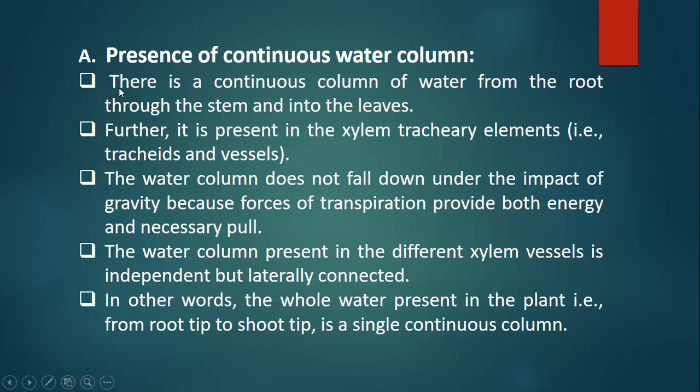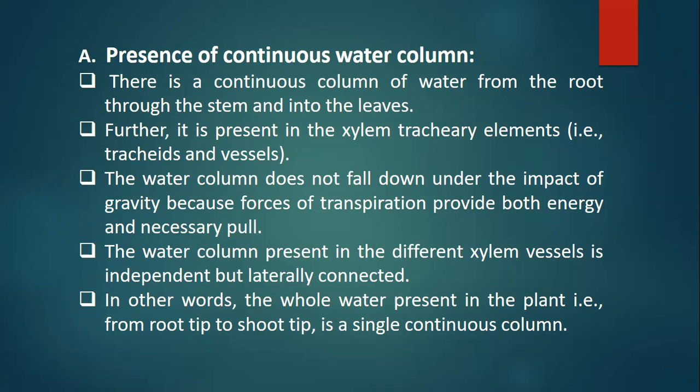Well, coming to the presence of a continuous water column, the characters of the ascent of sap: there is a continuous column of water from the root through the stem into the leaves. It is present in the xylem trachea elements, especially in the tracheids and vessels. The water column does not fall down under the impact of gravity because forces of transpiration provide both energy and necessary pull.